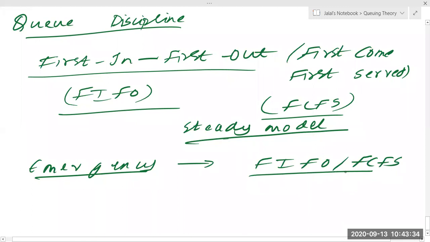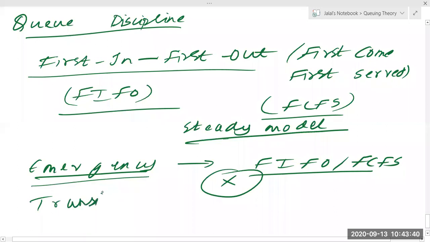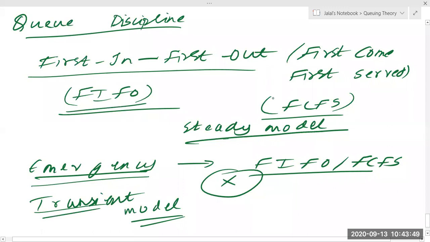Automatically this will change. It will not be followed when there is an emergency situation. Such a situation is called a transient model. You also have to understand queuing in the transient model if it is in the syllabus, but in your syllabus there is only first in first out and first come first serve, a steady state type of model in queuing.